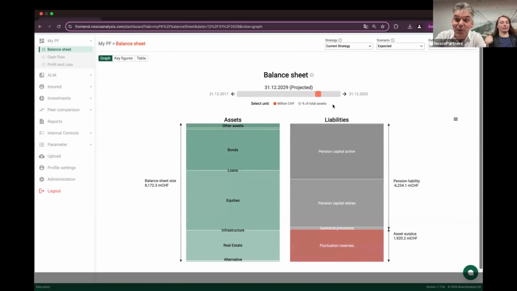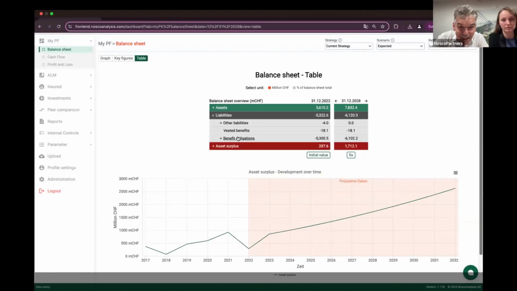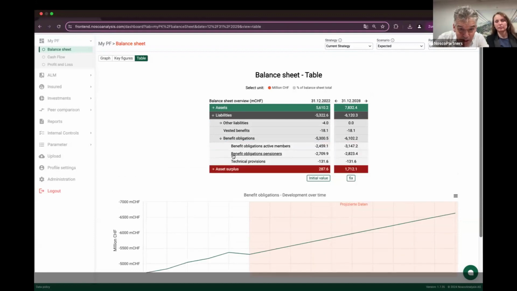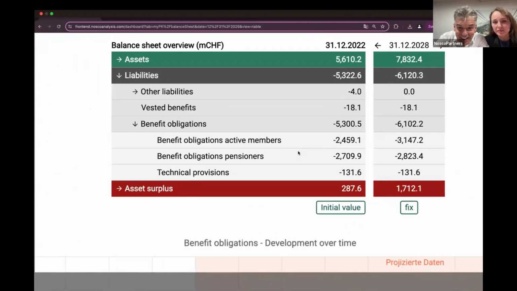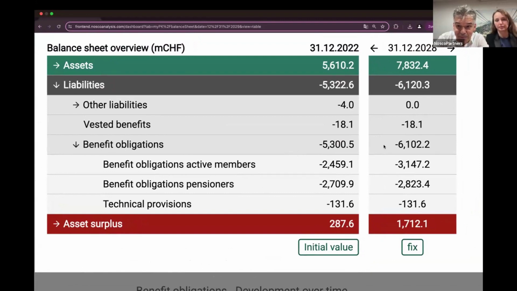Good. So I will zoom in a little bit. I go to the table. This is the balance sheet. So the assets we leave, the liabilities, benefit obligations we open. And what I'm interested in here is benefit obligation pensioners. And especially what I want to do here is I go to the year 2032.